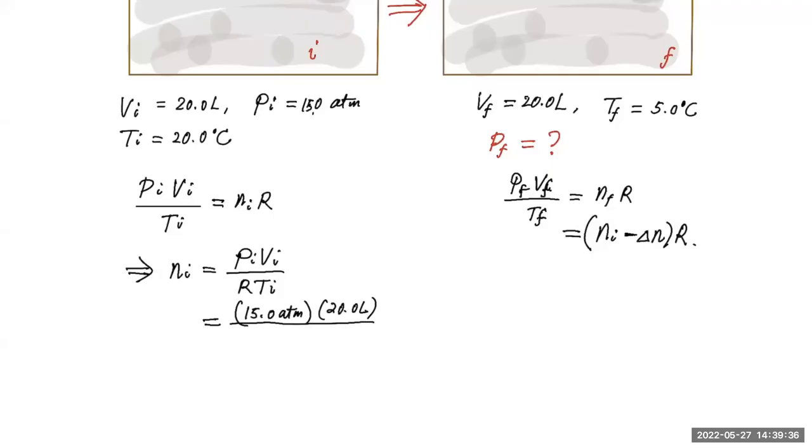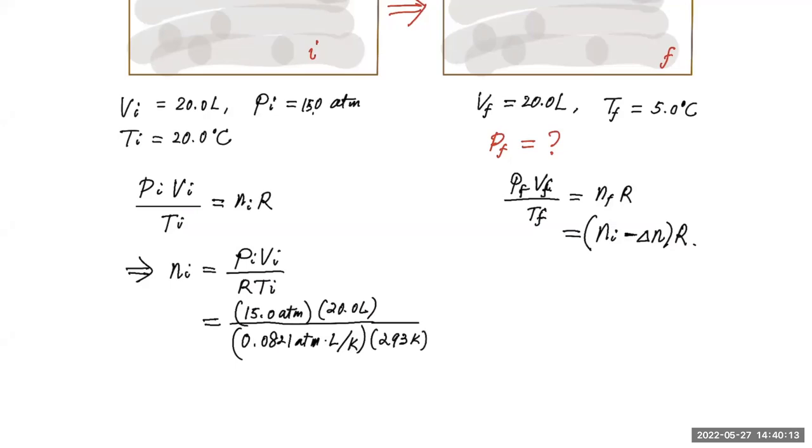So the value we're going to use in terms of ATM and liters, as we saw in a previous lecture, is 0.0821 ATM liter over mole Kelvin. So you see ATM liter nicely cancel out, numerator and denominator. And then T initial is 20 degrees Celsius. You add 273 to convert to Kelvin, that's 293 Kelvin.